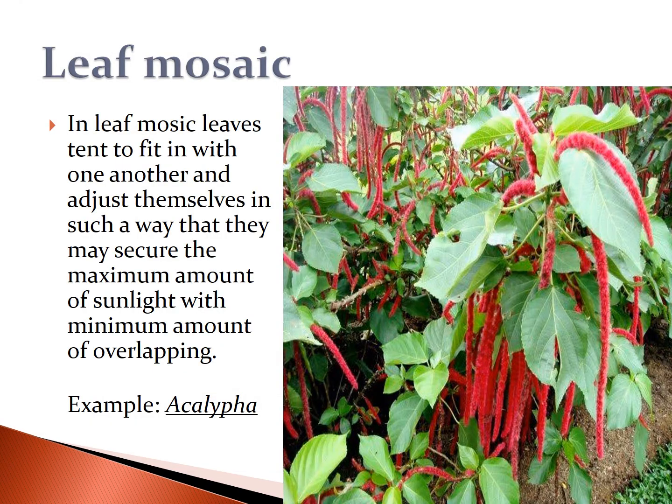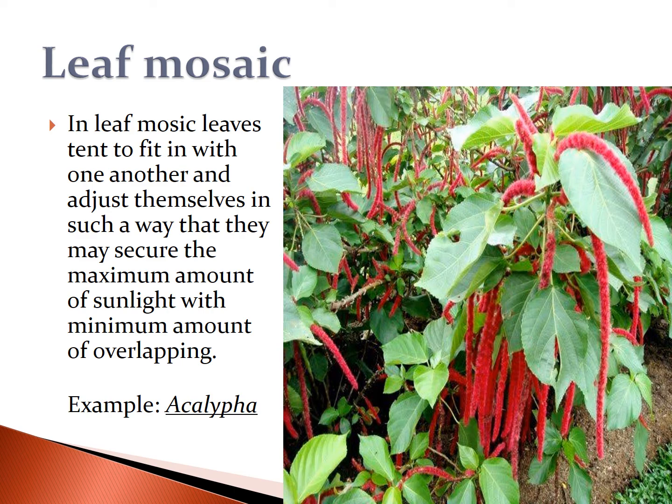Now we are going to see about leaf mosaic. In leaf mosaic, leaves tend to fit in with one another and adjust themselves in such a way that they may secure the maximum amount of sunlight with minimum overlapping.